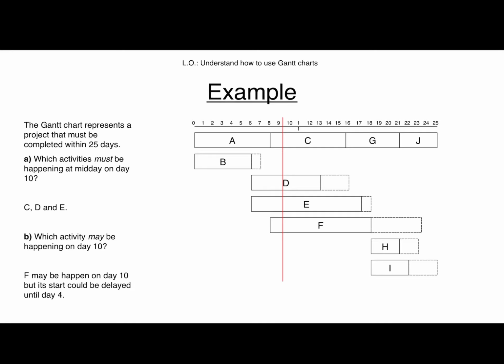F could be delayed enough so that the third person that was working on D could move on to F. So I don't need another extra person to do F, because once D is finished, they could move on to F. And then to do H and I, well, the second person that was doing B and D, they could move on to H, couldn't they?